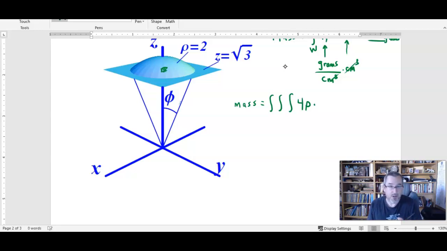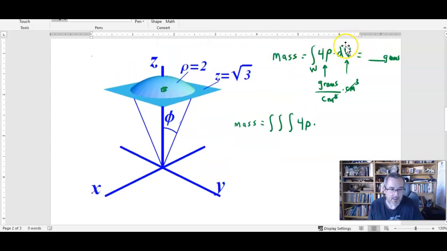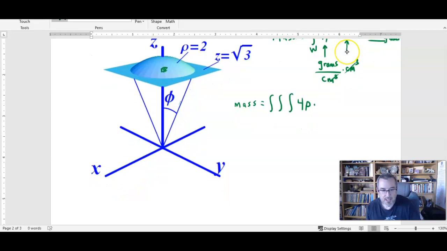Now, from the videos, it was said that dV, which is dx dy dz in the rectangular system, turns out to be rho squared sine phi d rho d theta d phi. So this thing right here is dV, in cubic centimeters. This thing right here is the density in grams per cubic centimeter, and that product is still going to get us the mass in grams.